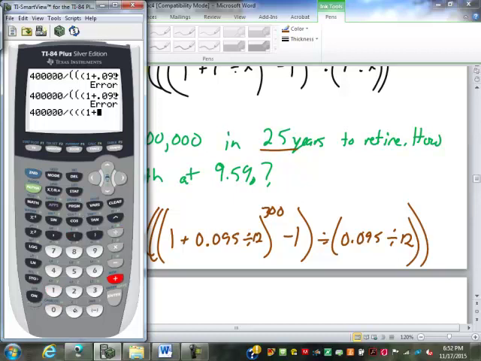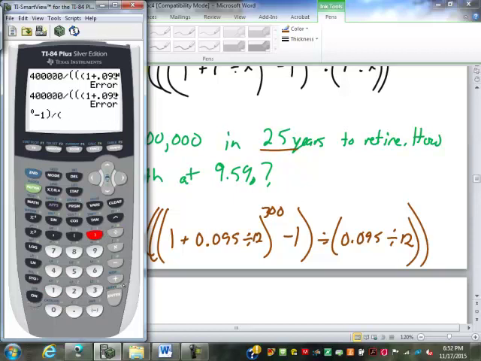So 1 plus 0.095 divided by 12, so power of 300, minus 1. Close. Divided by 0.095 divided by 12.